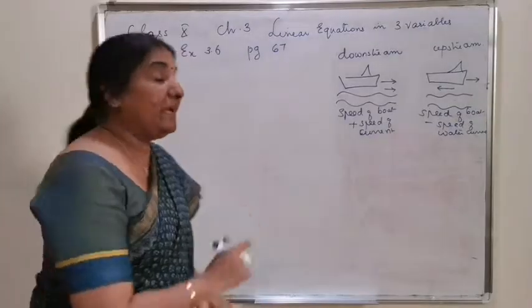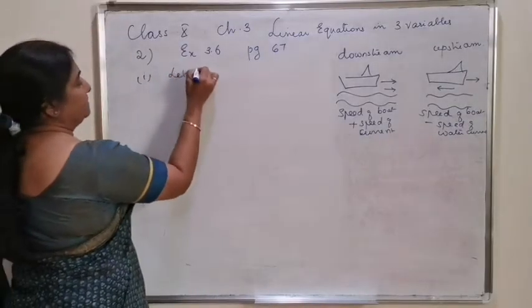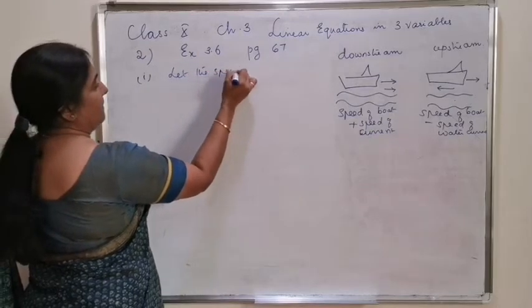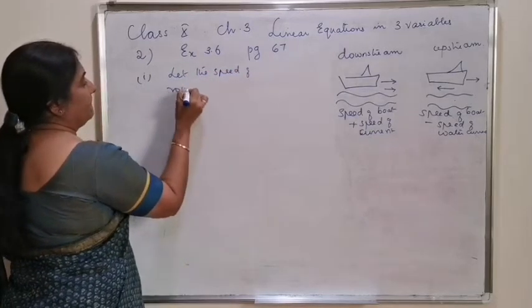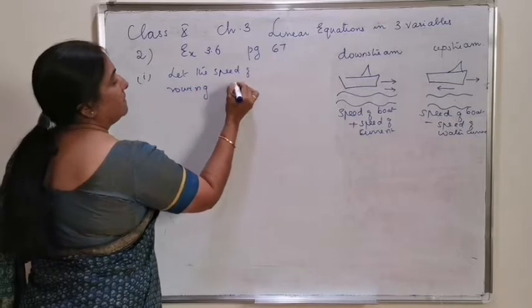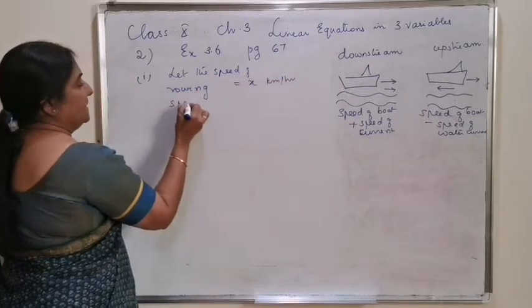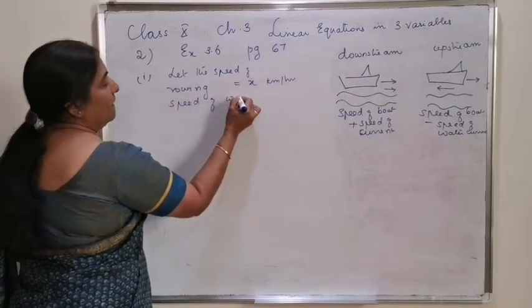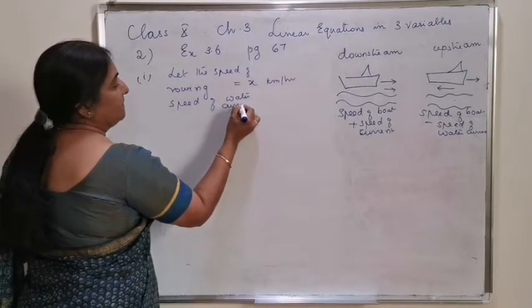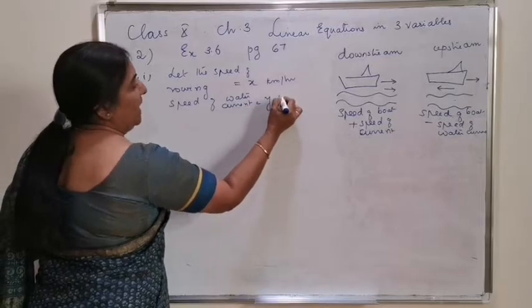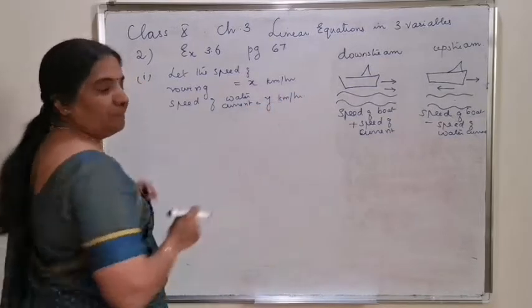Let the speed of rowing be x km per hour and the speed of the water current be y km per hour.